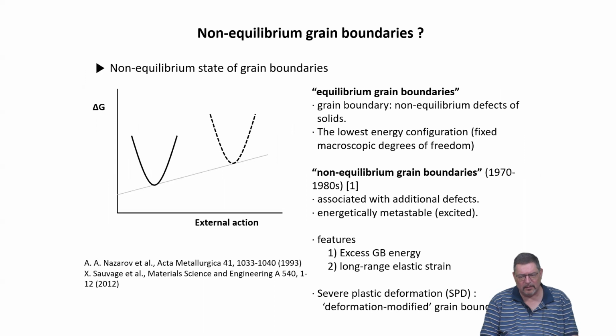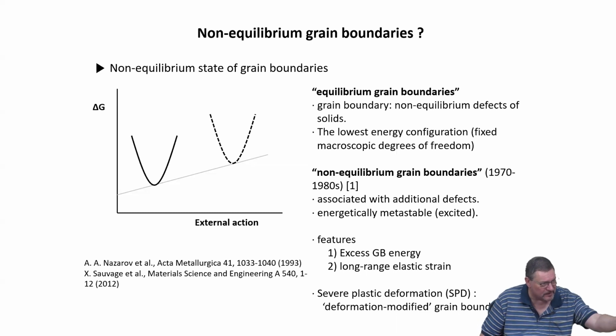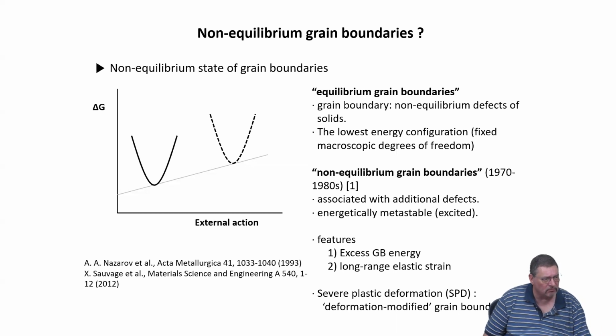And there has been a suggestion by Russian colleagues on so-called non-equilibrium grain boundaries. So the picture is you just have grain boundaries and they have a higher excess energy density because of the defect accumulation during deformation at the grain boundary. So far, when you look at the textbook, it's described as you have a dislocation in your crystal, it goes to the grain boundary, whoops, it's gone.